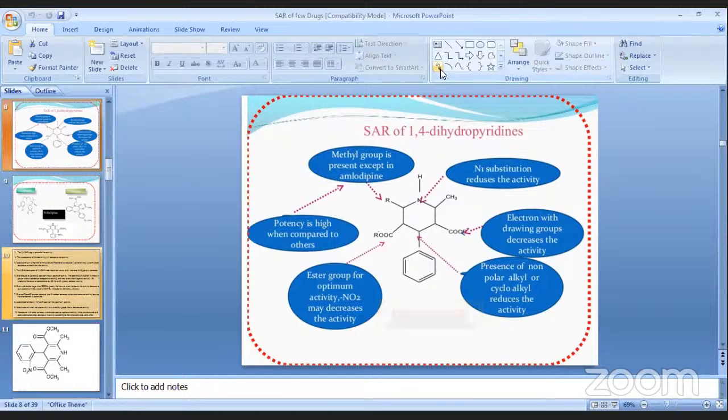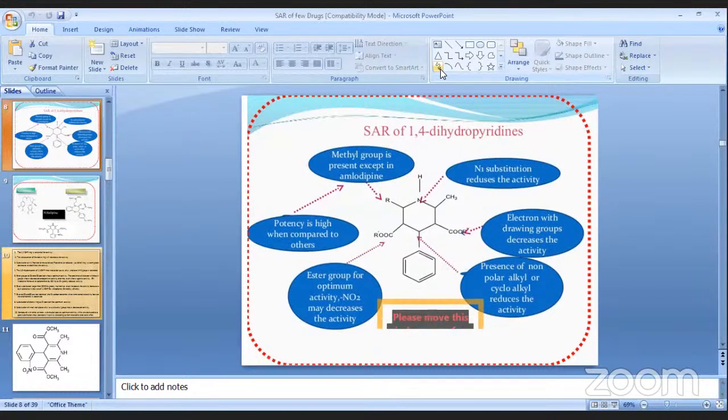In the case of nifedipine, it is a nitro group in the ortho position, which is important. In the case of felodipine, both chlorine groups are there. So the benzene ring at the 4 position is very important, and it should be substituted in the ortho or para position. If you substitute it at the meta position of the benzene, then the activity will decrease.